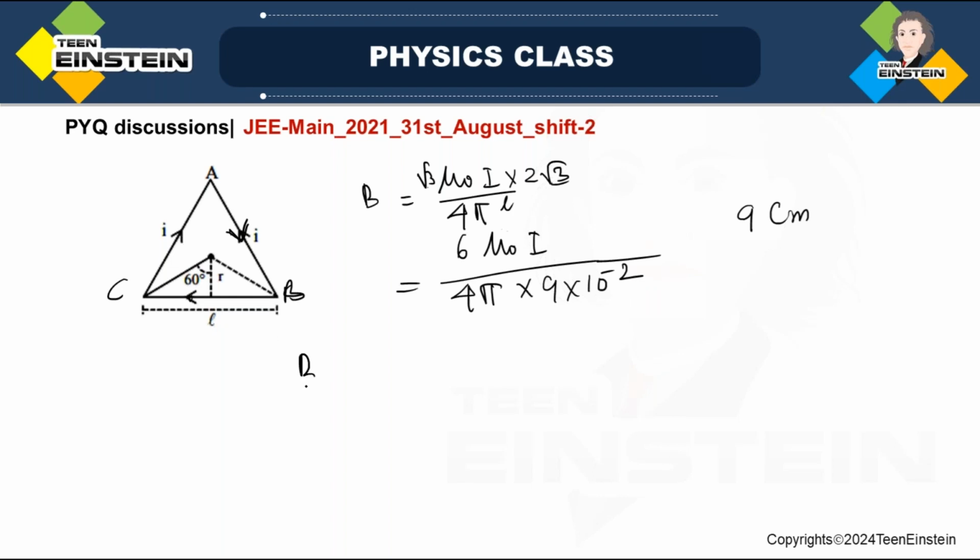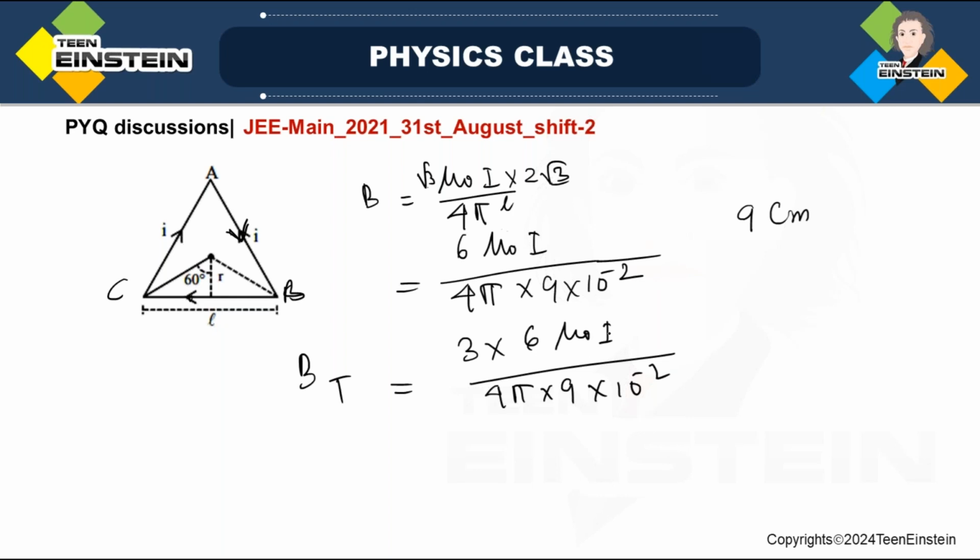And now the total magnetic field will be 3 into that: 3 into 6 into mu0 I by 4 pi into 9 into 10 to the -2.